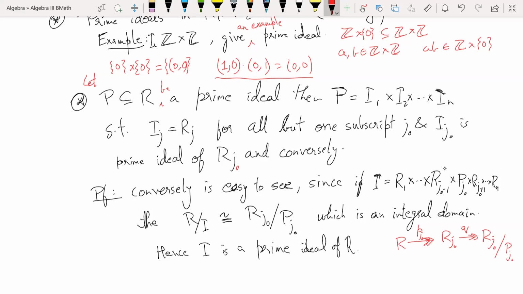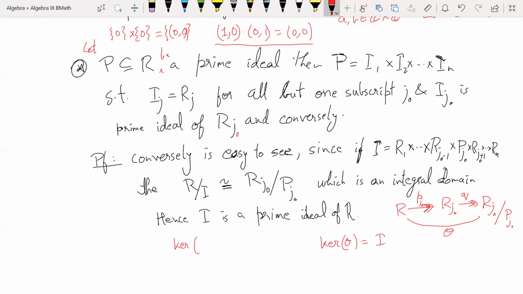This is your, let's say, theta, and what is the kernel of theta? Then you can just check that the kernel of theta is precisely I. What goes to 0 under p_j0? Under p_j0, anything which has 0 in the j0 component will go to 0. So maybe I'll just write the kernel of p_j0.